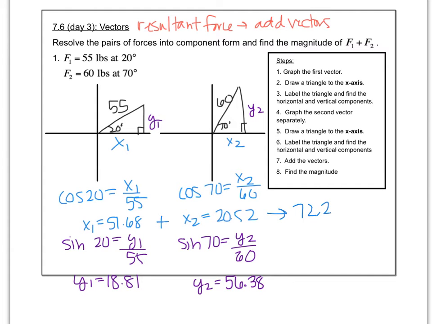And then if I add the vertical parts together, you get 75.19. And then we have to answer the question. The question asks us to find the magnitude of the combined force. So that's our combined force right now. That together would give us 72.2i plus 75.19j, as we need to find the magnitude of that.